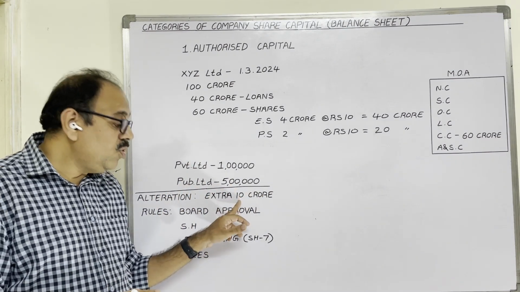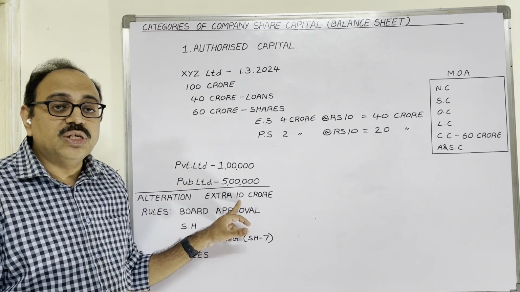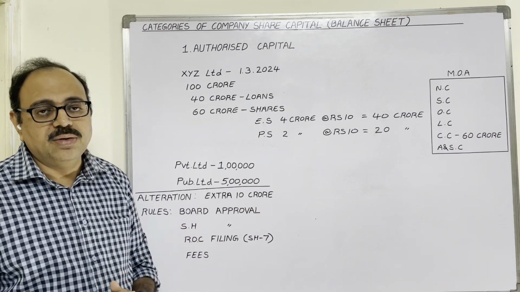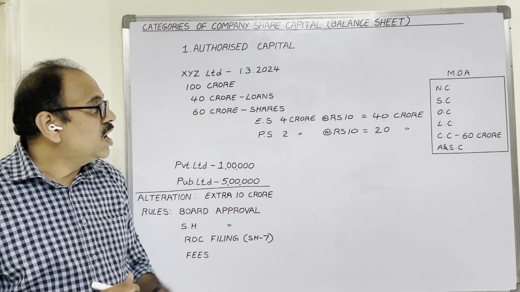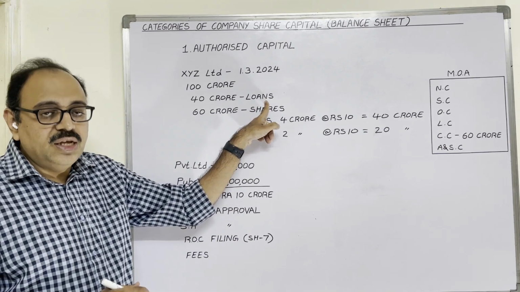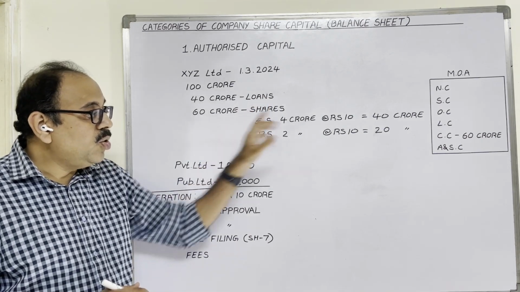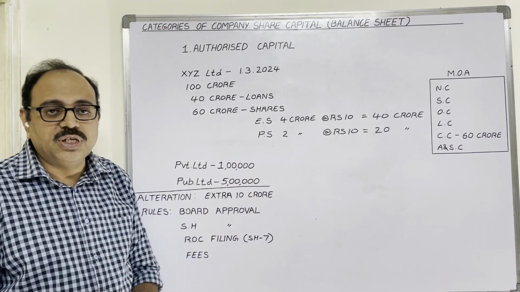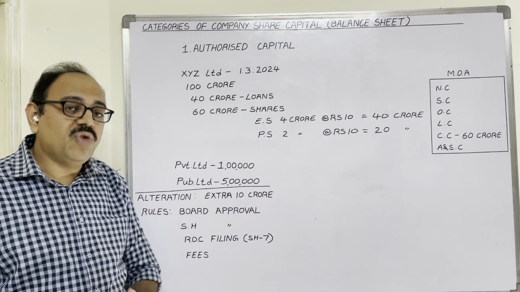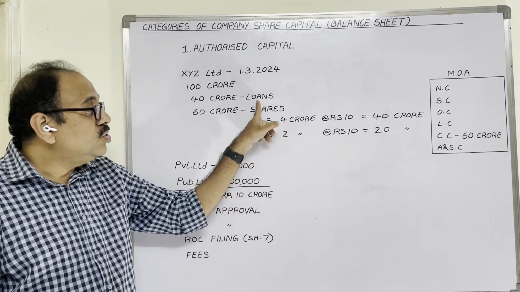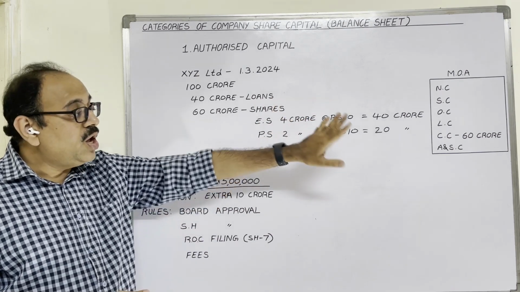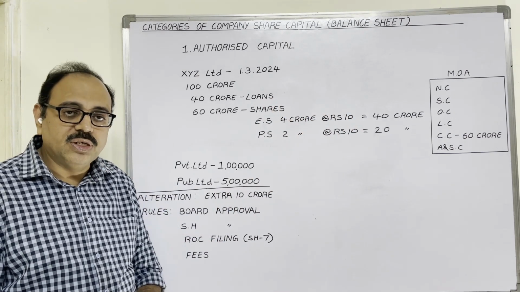And for this 10 crore rupees, the company decided to sell some more debentures to the public. So debentures come under loans. In this case, the company need not alter the authorized capital amount because the company wants to go for loans now. So we need not alter the authorized capital amount.